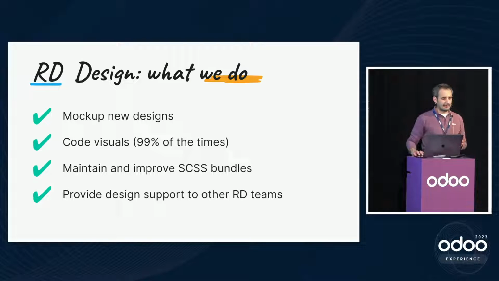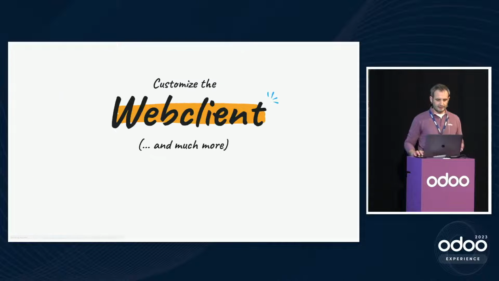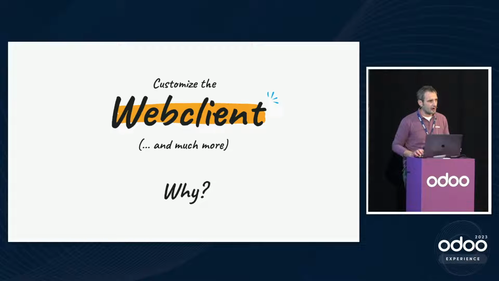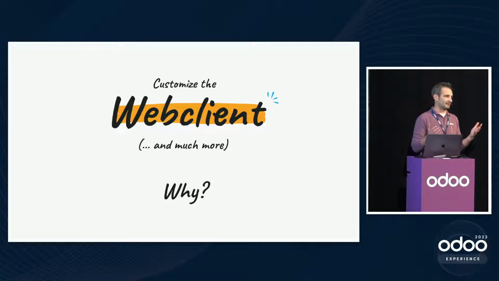So let's move forward. Today we will talk about how to customize the web client and much more. But why would you want to do that? We did it, so it's perfect. You should not need to customize that. But actually, there may be specific needs, like readability.